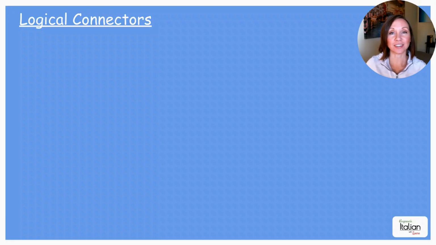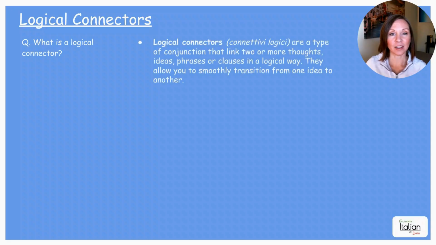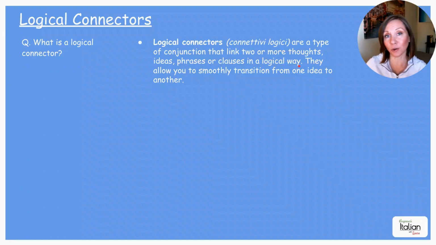Logical connectors. What is a logical connector? A logical connector, or connettivi logici, are a type of conjunction that link two or more thoughts, ideas, phrases, or clauses in a logical way. They allow you to smoothly transition from one idea to another.